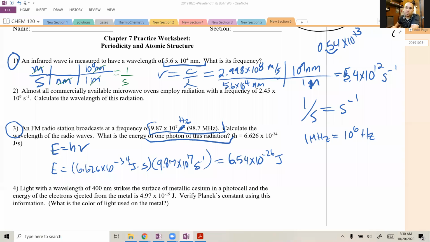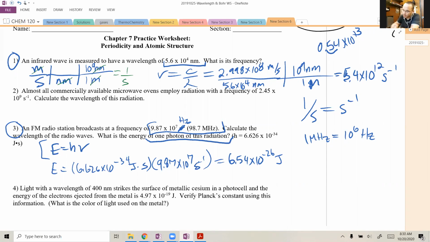What we knew was that energy is Planck's constant times frequency. Planck's constant is 6.626 times 10 to the negative 34, and its units are joule seconds. So it's not joules per second, it's joules and seconds both on the top.